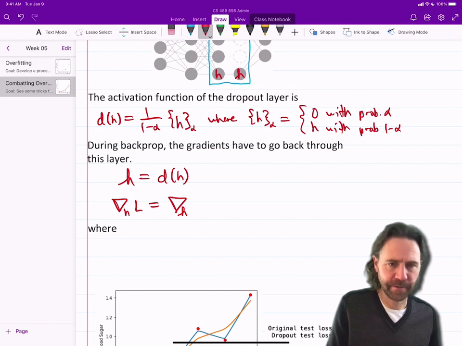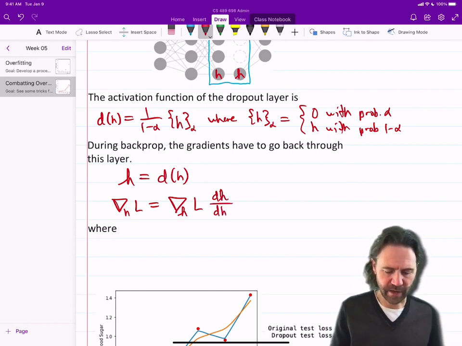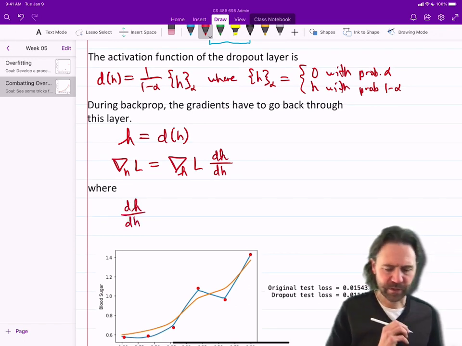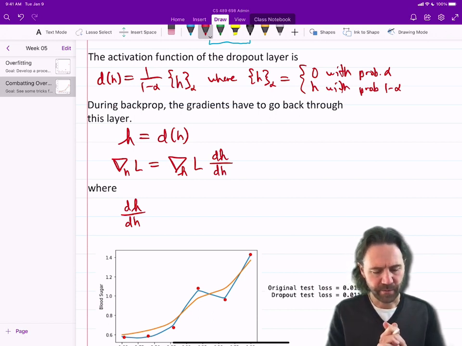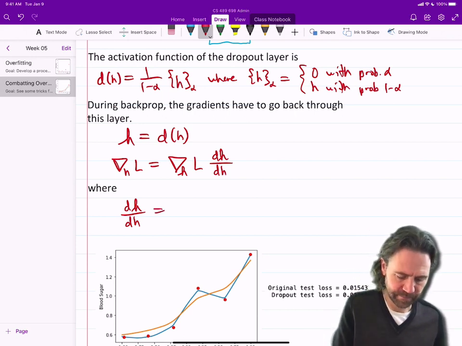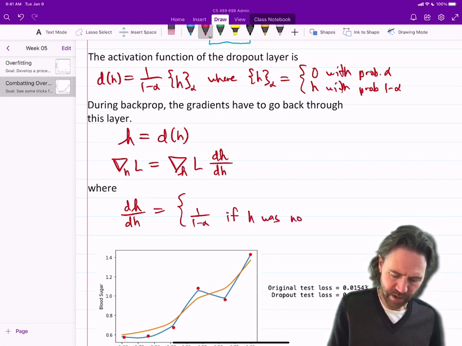So the scripted H times the derivative of the scripted H with respect to the unscripted H. Okay, now what's the derivative of that function? Well, for any node that was not dropped, it's basically just 1 over 1 minus alpha. That's the derivative, if H was not dropped.